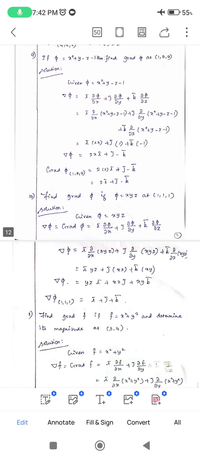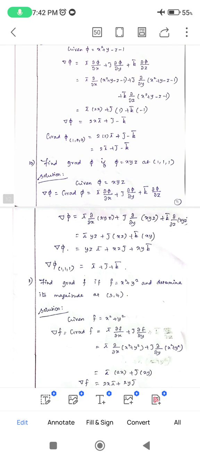So del phi is equal to 2x i vector plus j vector minus k vector. At the point (1, 0, 0), x value is 1, y value is 0 and z value is 0. So applying here, we get 2i vector plus j vector minus k vector.